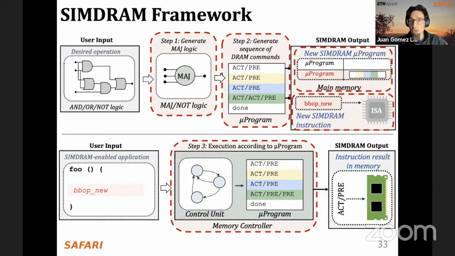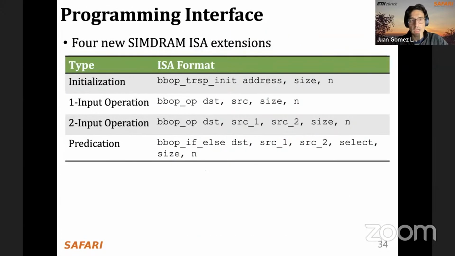Remember that SIMDRAM allows us to create arbitrary, completely new operations and integrate them into the system by creating the corresponding sequence of different commands, and having this enhanced memory controller that can read microprograms and start issuing the necessary commands to the DRAM side in order to execute the bulk bitwise operations. And we also studied here how to program a SIMDRAM-capable system using the SIMDRAM ISA extensions.